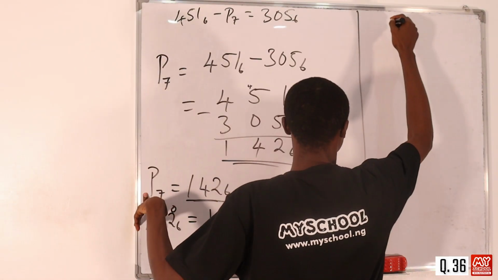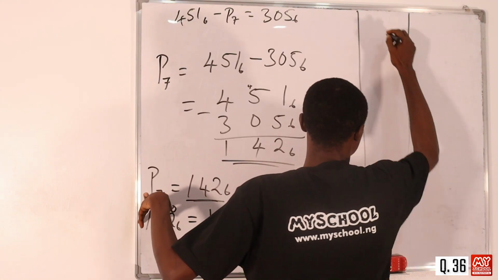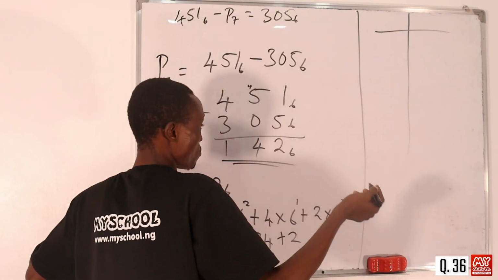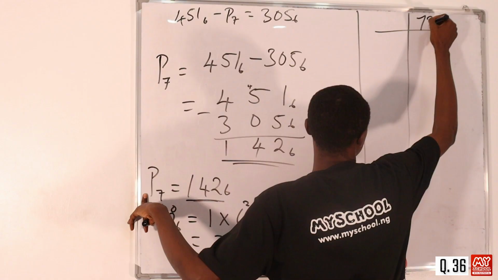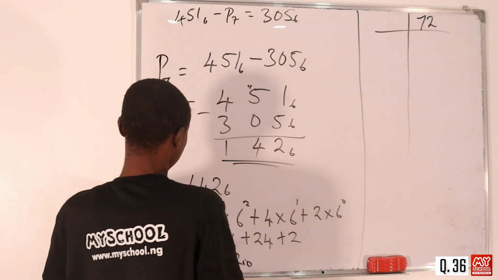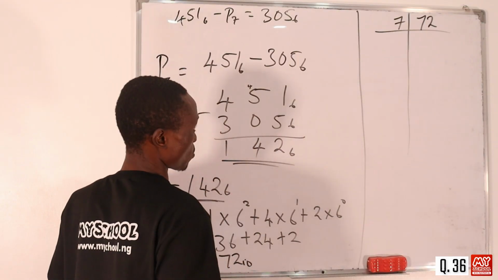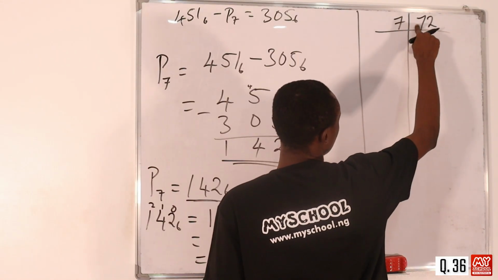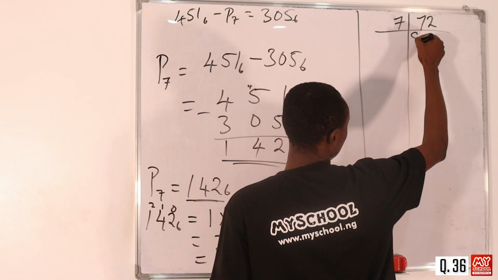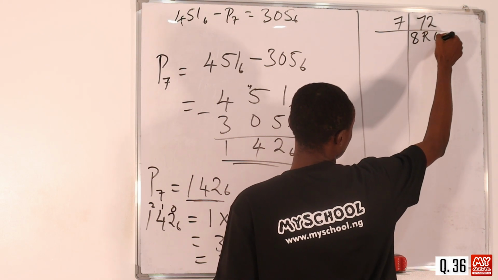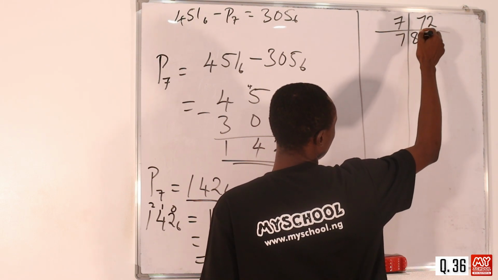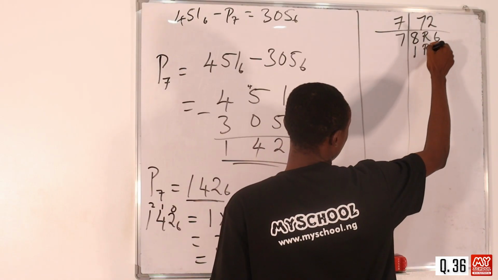Now that we have 72 in base 10, we convert it to base 7 so that we get the equivalent of 142 in base 6 in base 7. We just use the successive division method. We have 72 with 7 as the divisor. 7 into 72 is 8, remainder 6. Then 7 into 8 is 1, remainder 1.